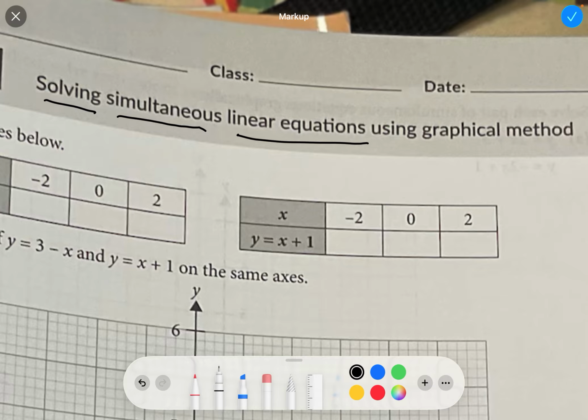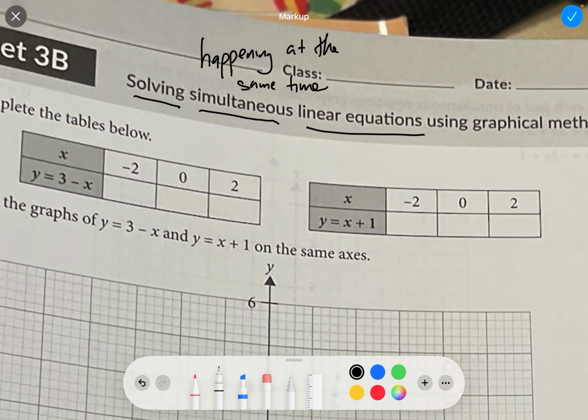So if I join these 3 points together, you will find that my ruler cannot pass through all the 3 points, because when I take the photo, the page is bent.